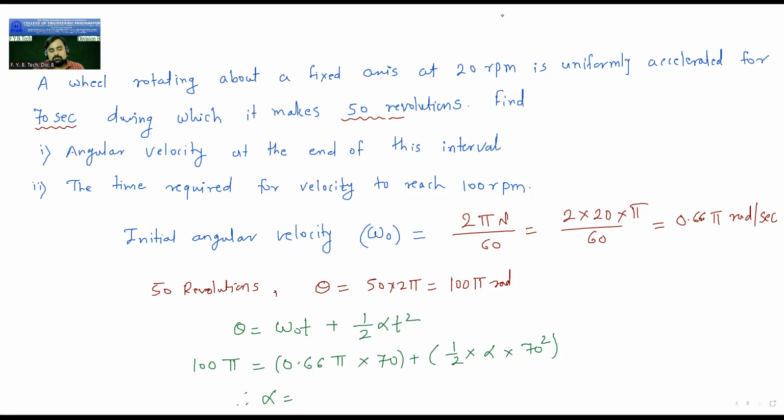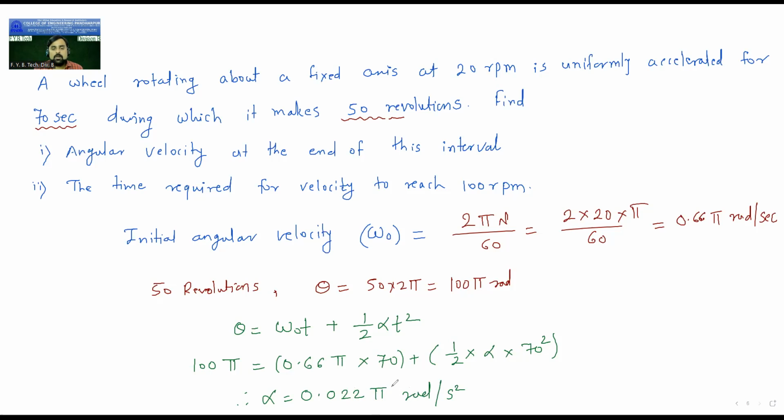It comes to 0.022 pi, is that right? So it is 0.022 pi radian per second square.